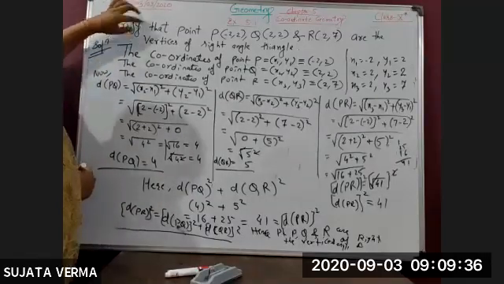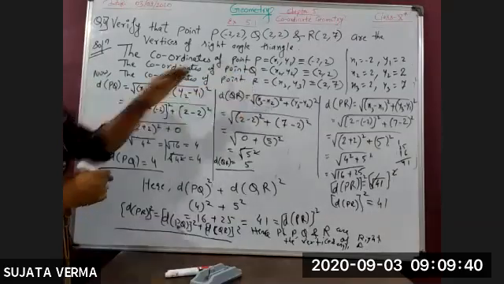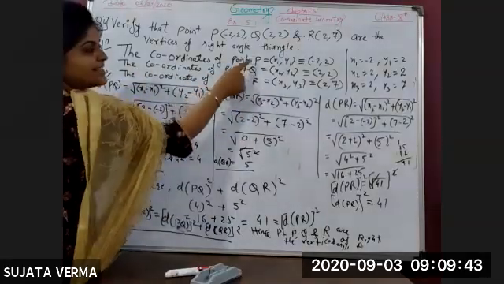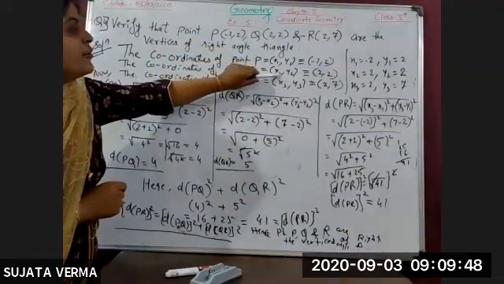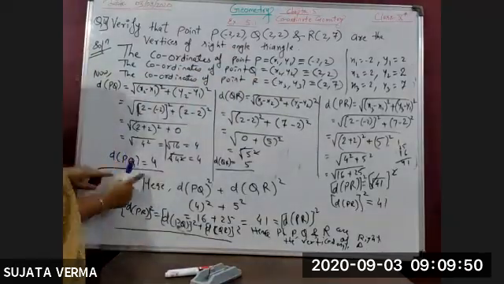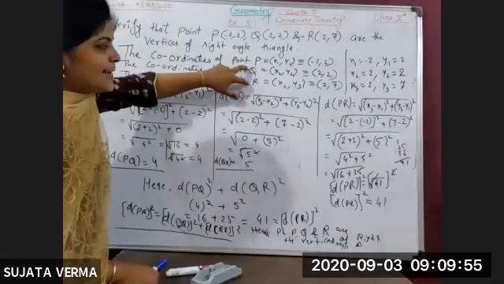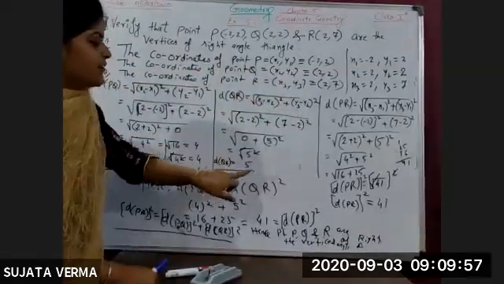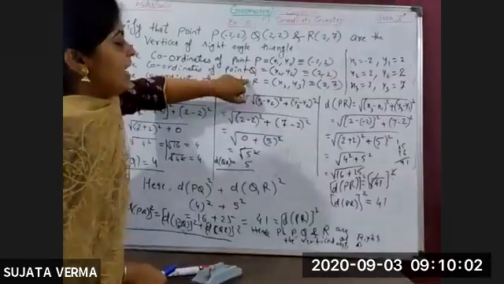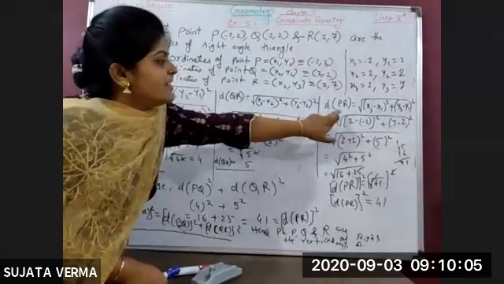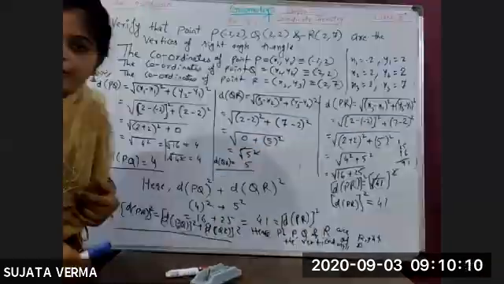Okay, listen, I will explain this question again. First you have to write down the coordinates of P, Q, R. Now first find the distance of PQ using the distance formula. We get the distance of PQ is equal to 4. Then we take another side, QR, and find the distance between QR. We get 5. Then we take points P and R and find the distance between them, that is the distance of PR is equal to under root 41.